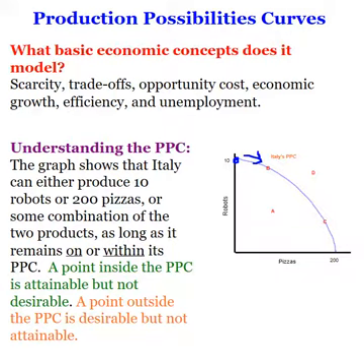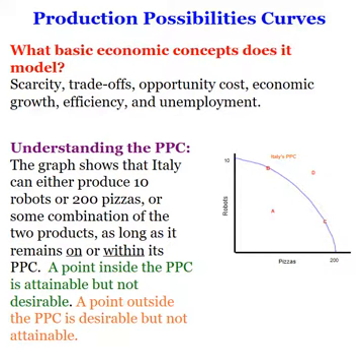The next term here, economic growth, that is this point D. So it is going to be possible for the entire PPC to shift outward. Maybe we develop better technology to make both goods. Maybe we have more workers. There's going to be various things that will happen that will help us produce more goods in the future. If the entire line shifts outward to the right, we reach growth.